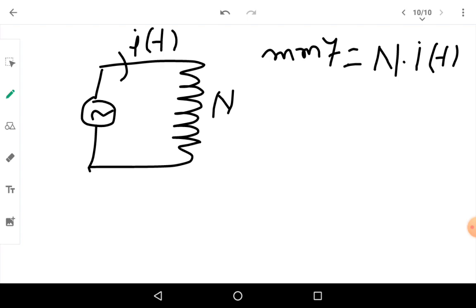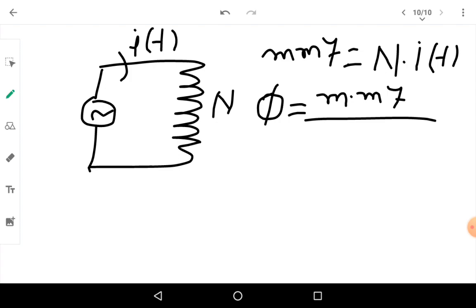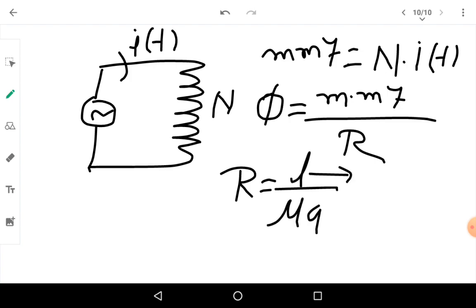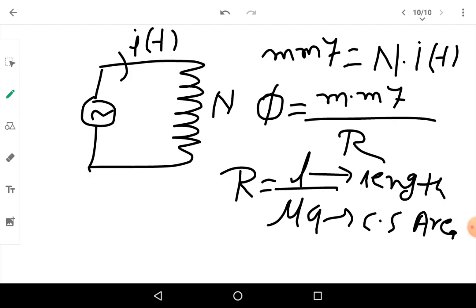So flux equals mmf upon reluctance. This reluctance is S equals L upon mu A, where L is length, A is the cross-sectional area, and mu is the permeability of the medium.